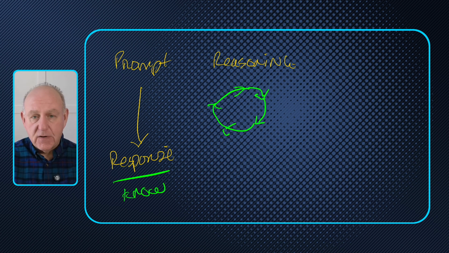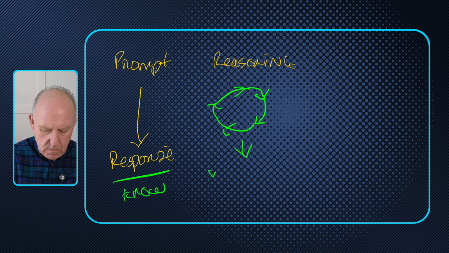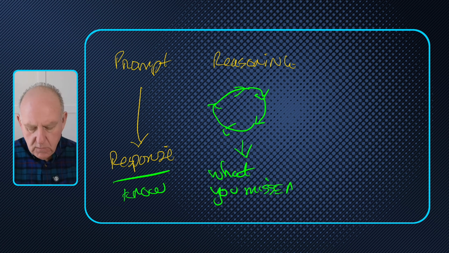You're just asking for some kind of output. These are the ones that are about what you may have missed. So you have an idea what you want, but you want some additional opinions or observations that can complement or supplement what it is that you're doing.